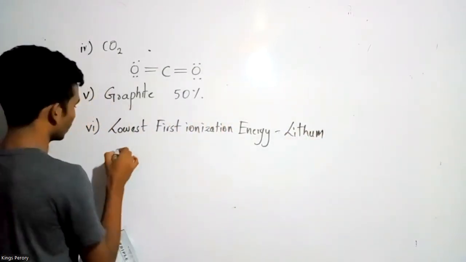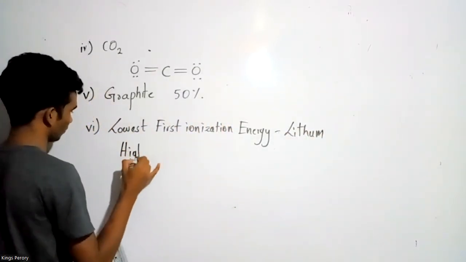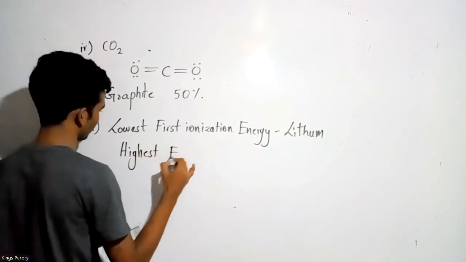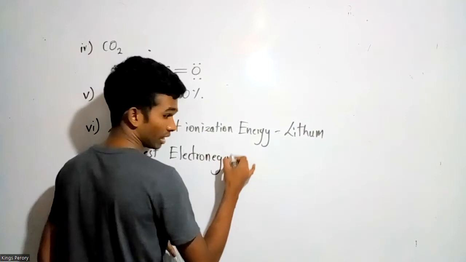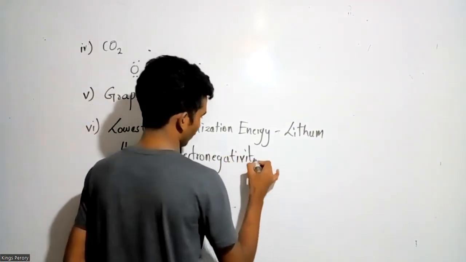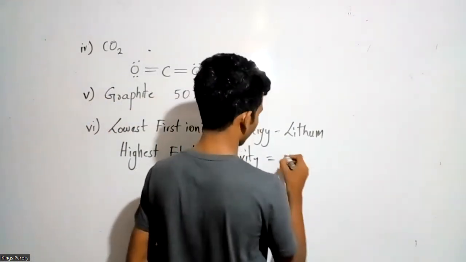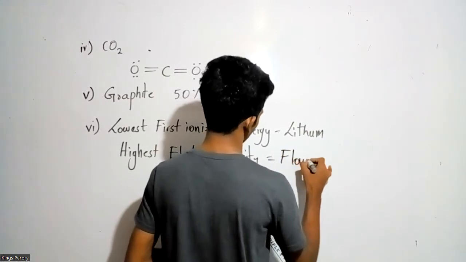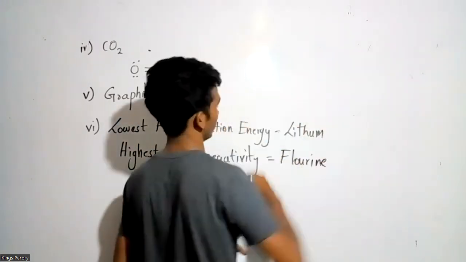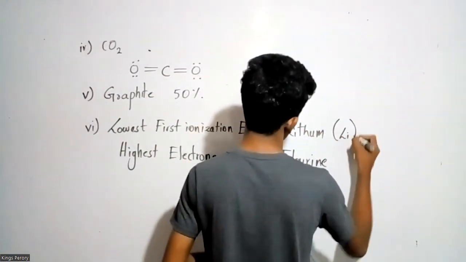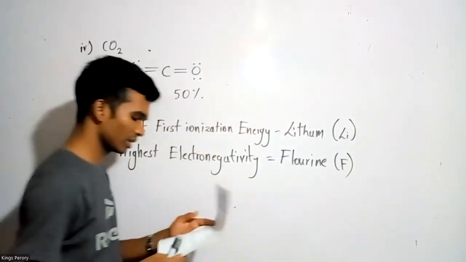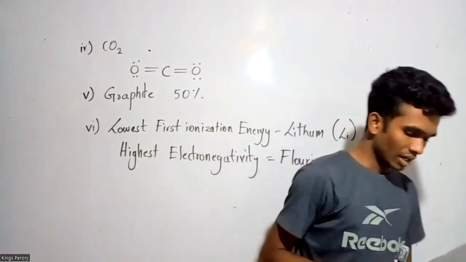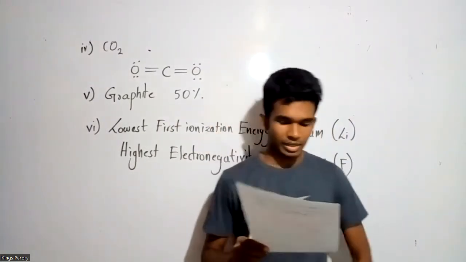Highest electronegativity is fluorine. We can even give the symbols, no problem. Lithium, fluorine. You can use the symbols. About it, I'll discuss separately.